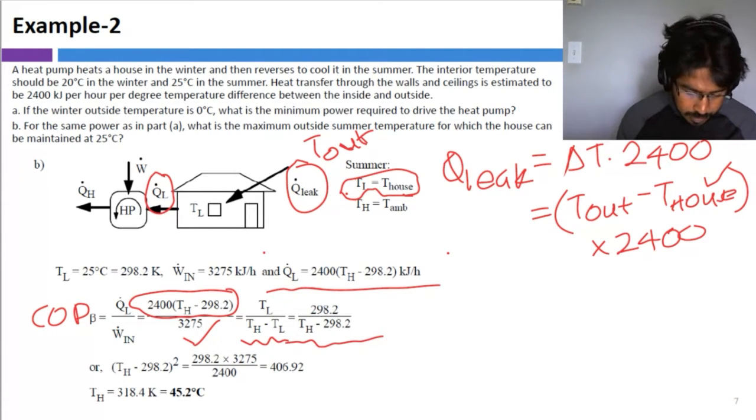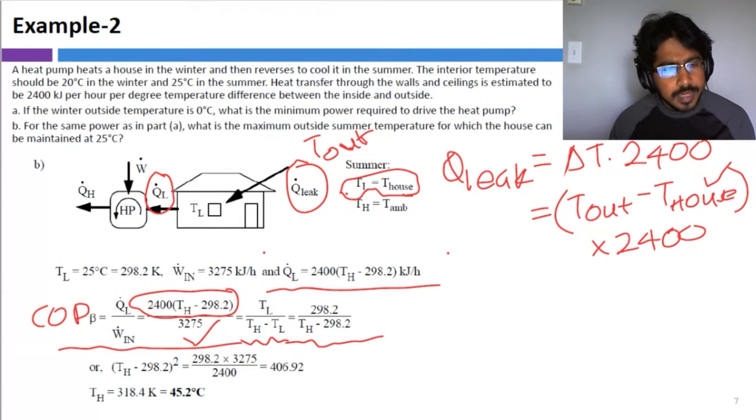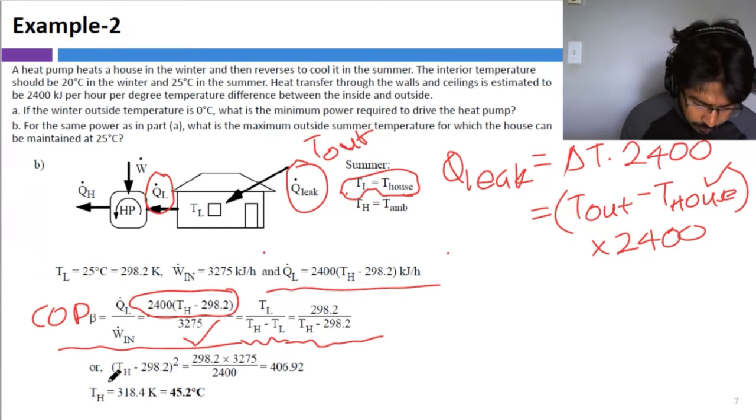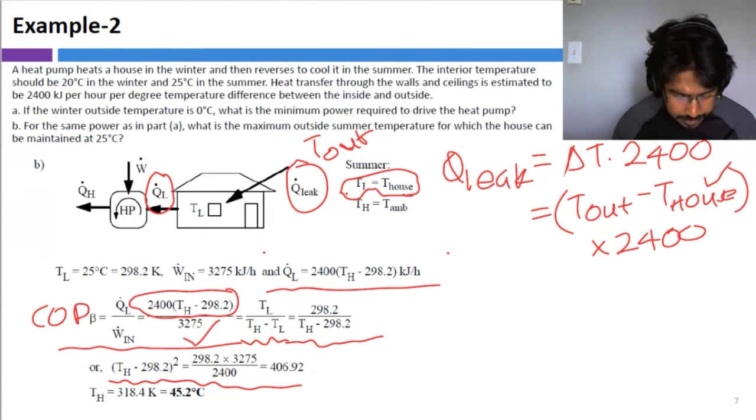Okay. So are we clear up to this step? Anybody having difficulties understanding this portion? Awesome. And with this equation, we can get this solution.